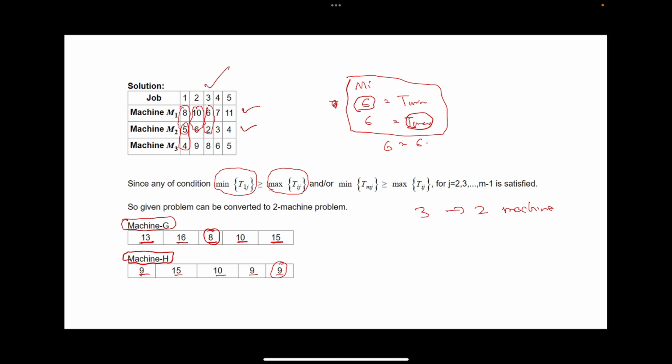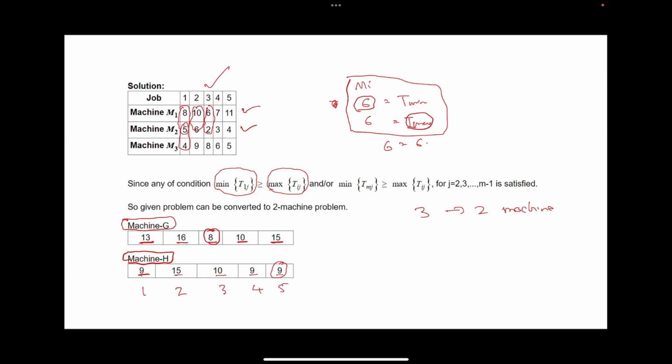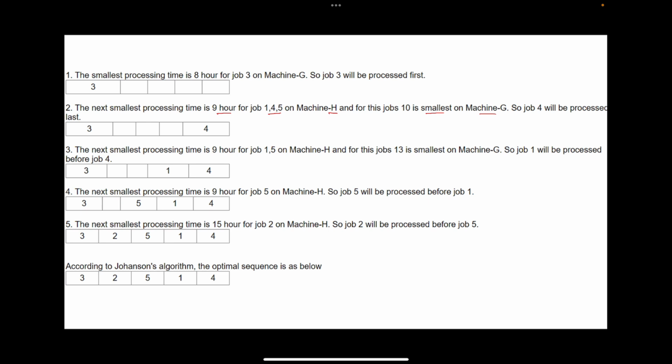Jobs 1, 4 and 5 all have the same processing time. The smallest processing time is 9 for jobs 1, 4 and 5 on machine H, and for these jobs you can look at the corresponding values in machine G. You can see that the smallest one is 10, so we will select job 4.